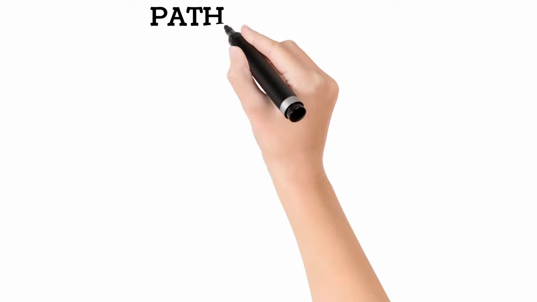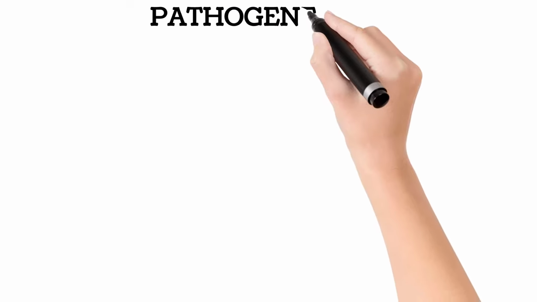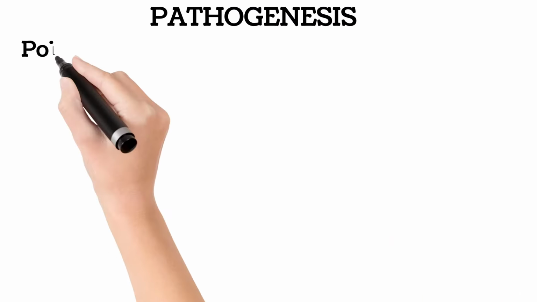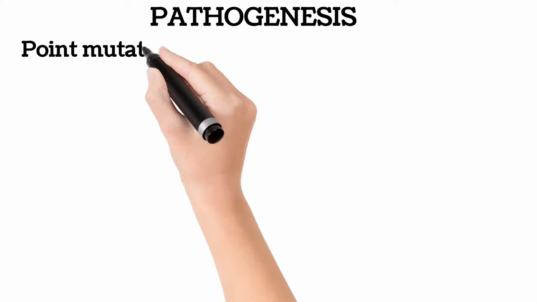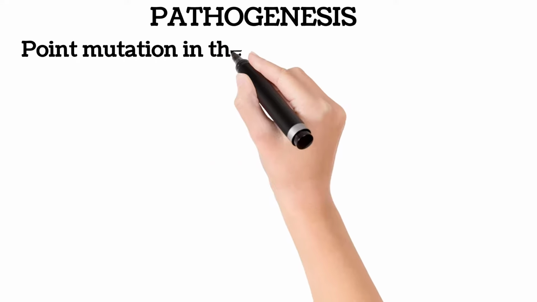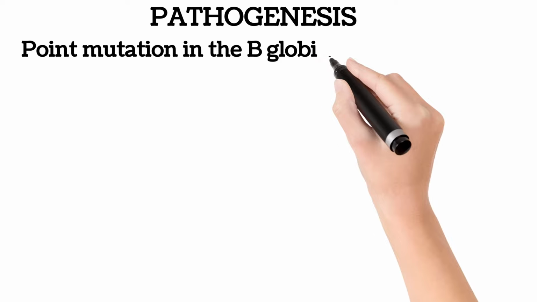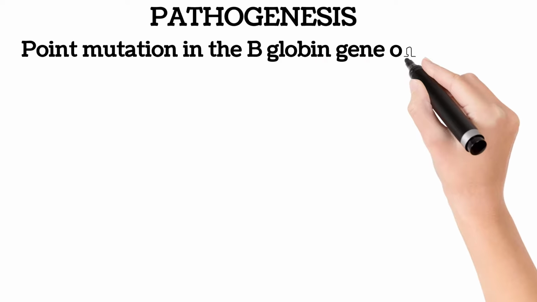Now, let's take a look at the pathogenesis of sickle cell anemia. So, it's as a result of a point mutation in the beta globin gene on chromosome 11.